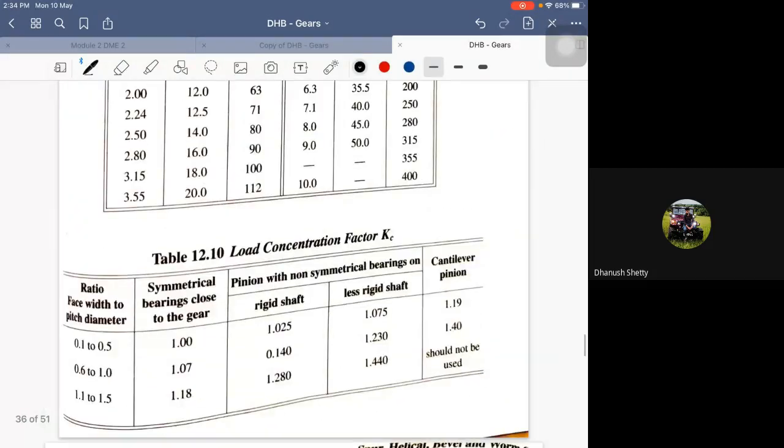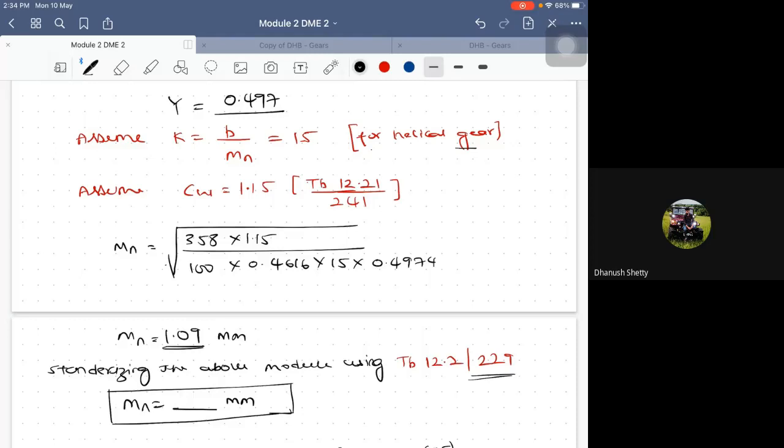Give me the standard value from the tables. Same table you can use, which you have used for the spur gear, because it is a normal module. So 1.25. Very good. So once we have calculated 1.5 or 1.25.